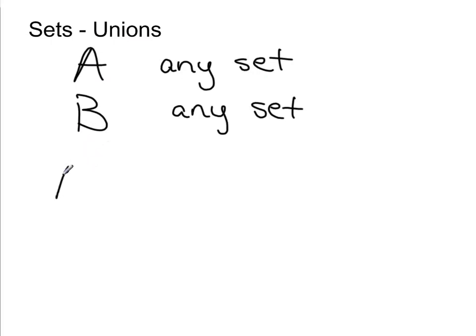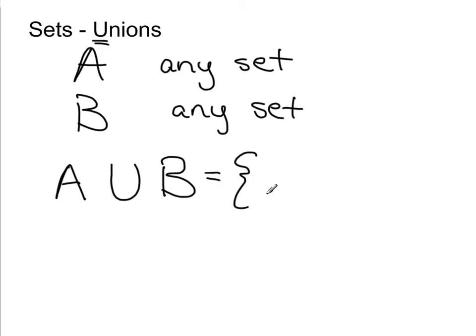And I'm taking A union B. This U symbol is what we use to denote unions. You can kind of see it with unions, the U. So when we want to find the union, we define it to be the set of all the elements, let's call them X because I'm unsure of what the elements may be, such that X is an element of A, and the symbol that I drew right here means element.